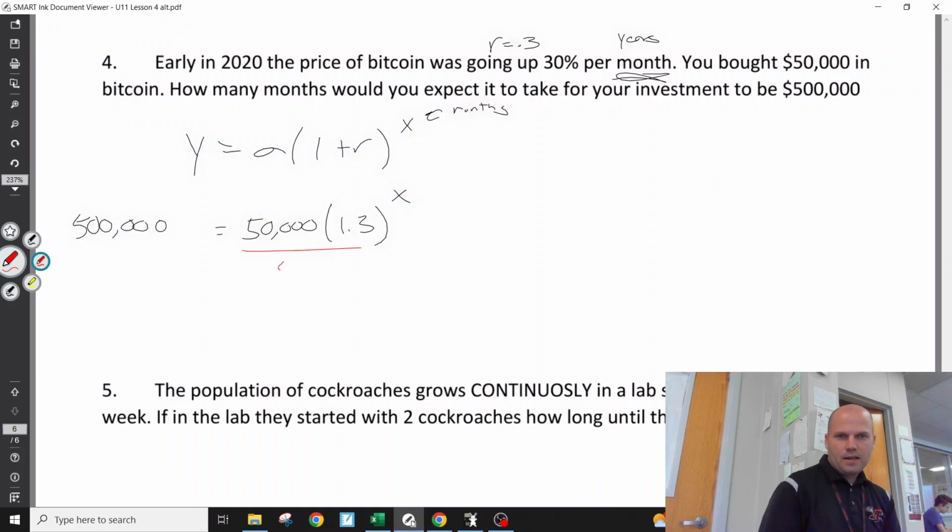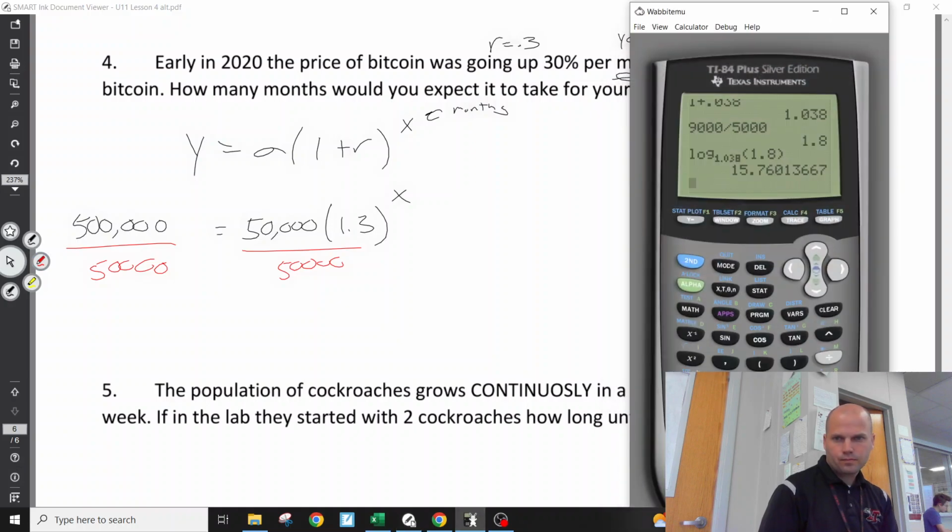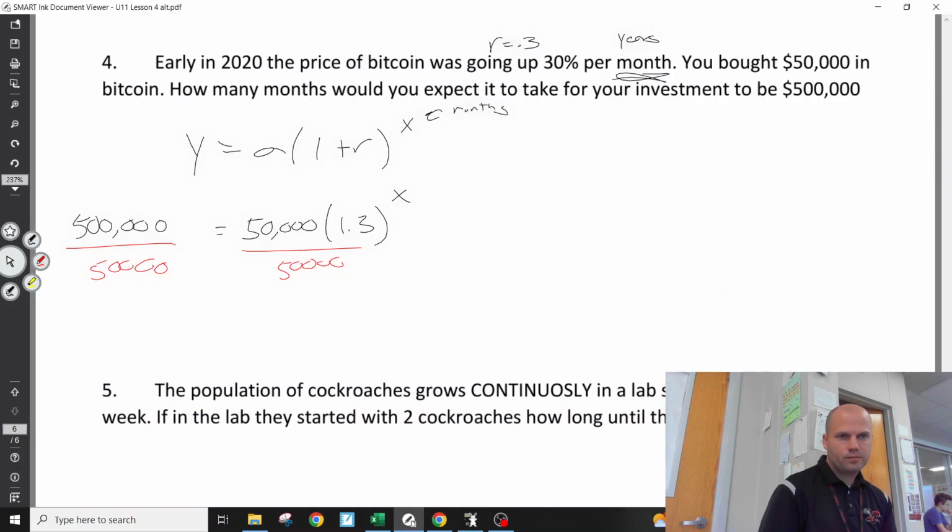Step 1, divide. How long will it take me to make 10 times my amount? Take the log base 1.3 of both sides.